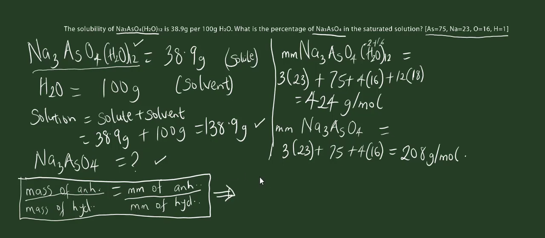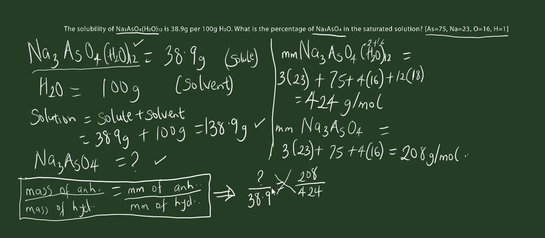The mass of anhydrous salt, we don't know. The mass of hydrated salt, yes, this is it, 38.9. The molar mass of anhydrous salt is this, 208, and the molar mass of the hydrated salt is this, 424.